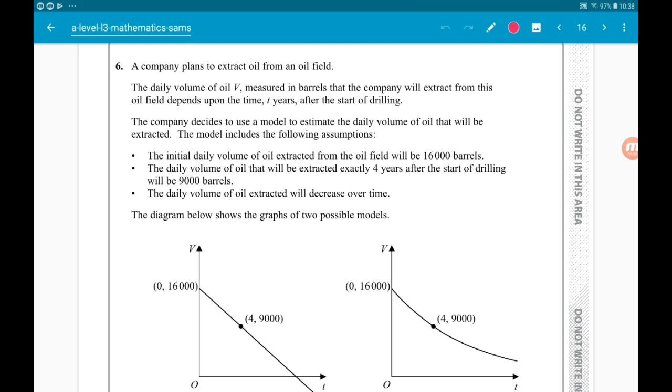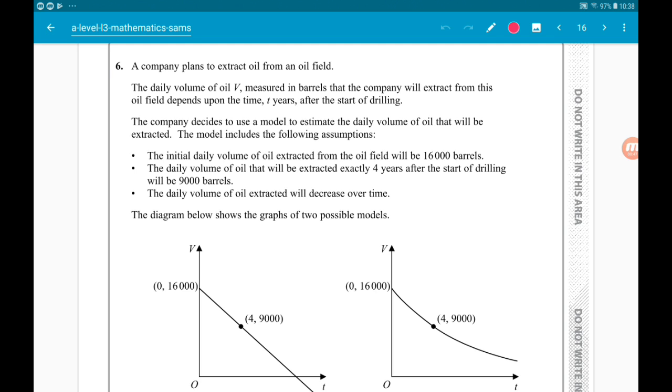The company decides to use a model to estimate the daily volume of oil that will be extracted. The model includes the following assumptions.